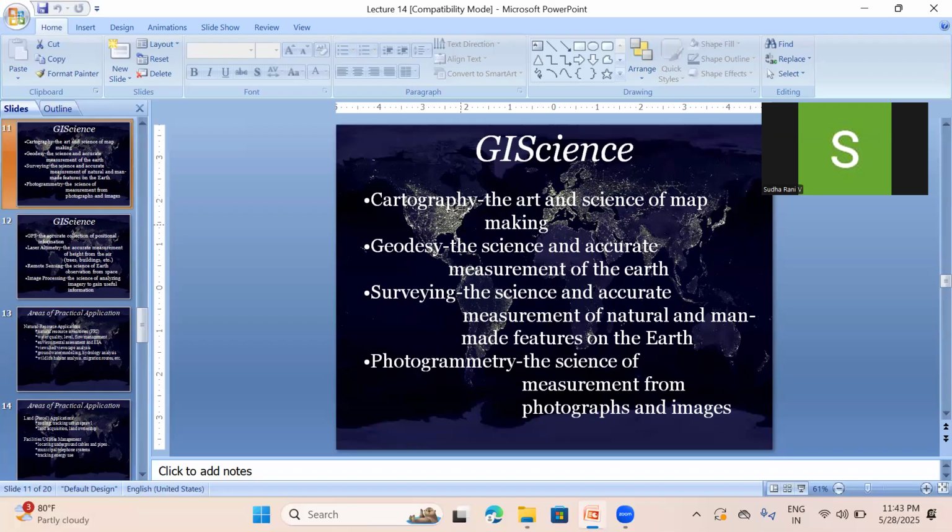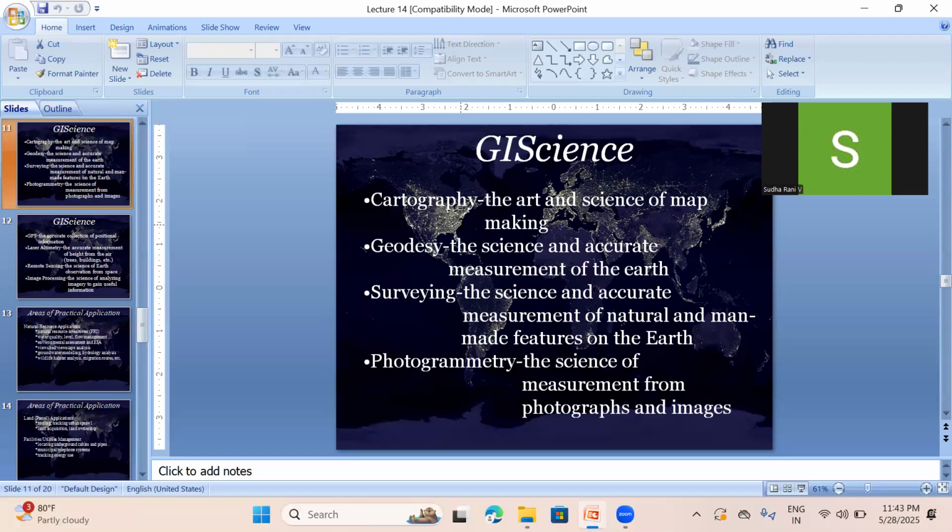Let's see again. First, we use GIS sciences in fields like cartography, the art and science of map making. So in map making, GIS sciences are very useful. Geodesy, the science and accurate measurement of the earth. Nowadays, all these GI sciences are very, very important.